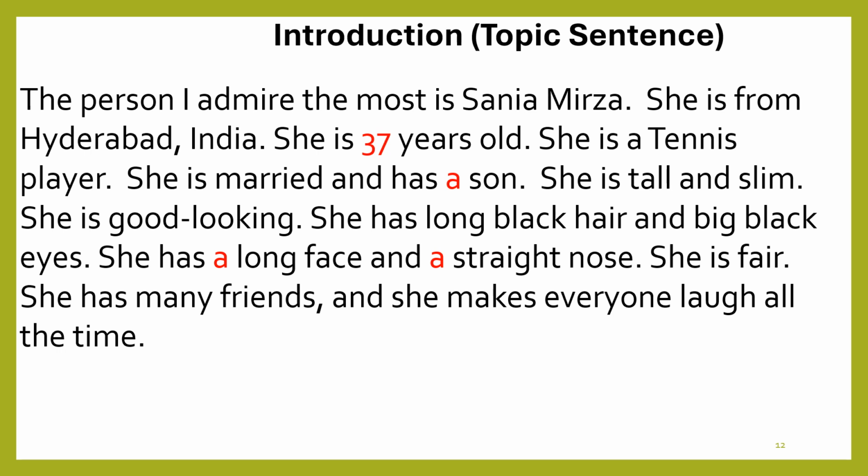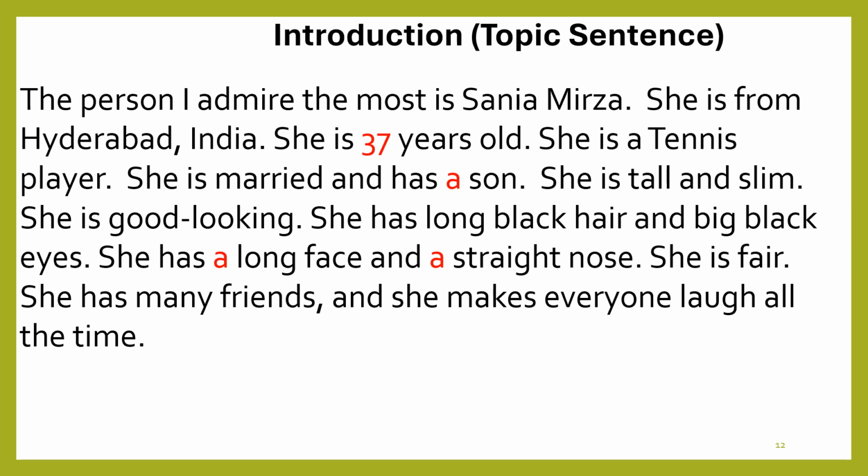When you are writing she is middle aged, no need to write the word years old. You will delete that. You will just say she is middle aged. But if you are writing the age of a person, then you can say she is 37 years old. She is 40 years old, he is 25 years old, like that. If you know the exact number, then you will write the sentence like this.